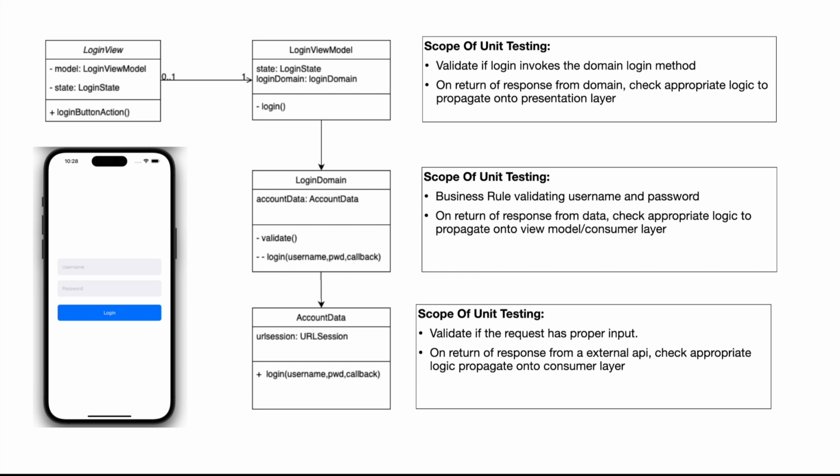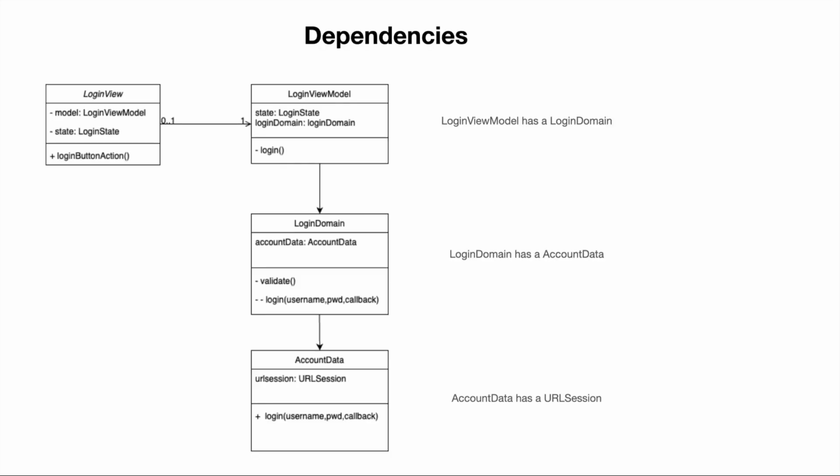The data layer connects with the external network layer, which is potentially a black box, and it would send the request with username and password and get the response back. This image depicts the relationship that we narrated earlier.